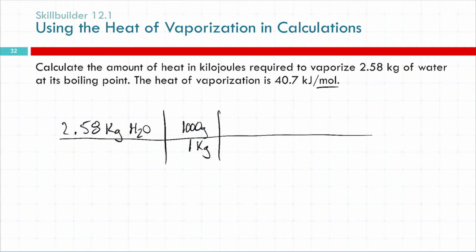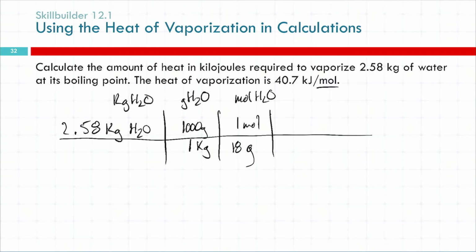Well, I guess stoichiometry is specifically for chemical reaction equations. But we're going to first go from kilograms H2O to grams H2O. And then from grams H2O, we want to go to moles H2O. So 1 mole is about 18 grams.